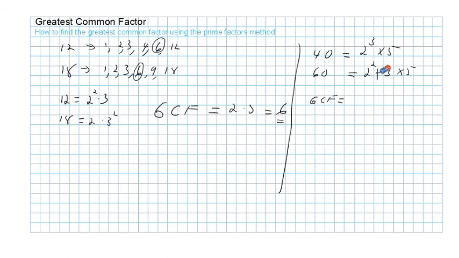I hope you see that: 2 squared is the greatest power of 2 that goes into both 2 squared and 2 cubed. And then what else do we have in common? 3 is not common, so that's not a common factor. And of course we have 5, which gives us 20.